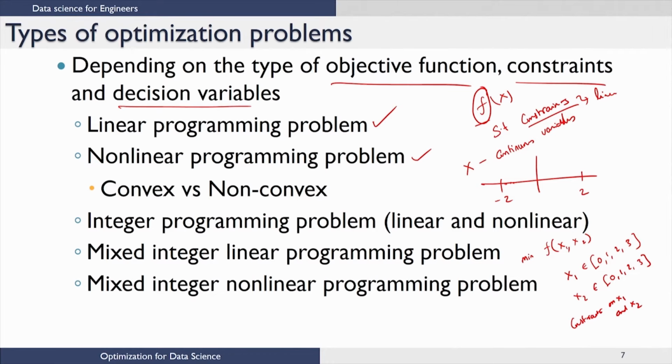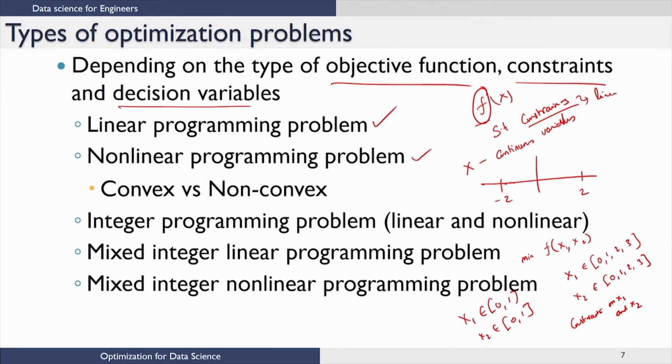If either the objective or the constraints become nonlinear, we call them nonlinear integer programming problems. One special class of these integer programming problems are binary, where x1 could only take a value which is 0 or 1 and x2 could take a value only 0 or 1, we call this binary integer programming problems.